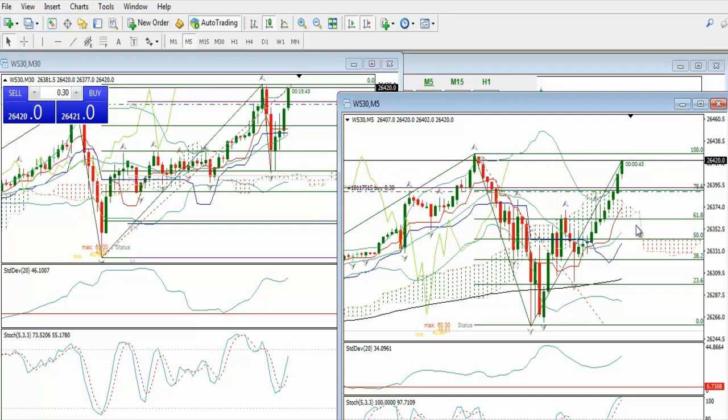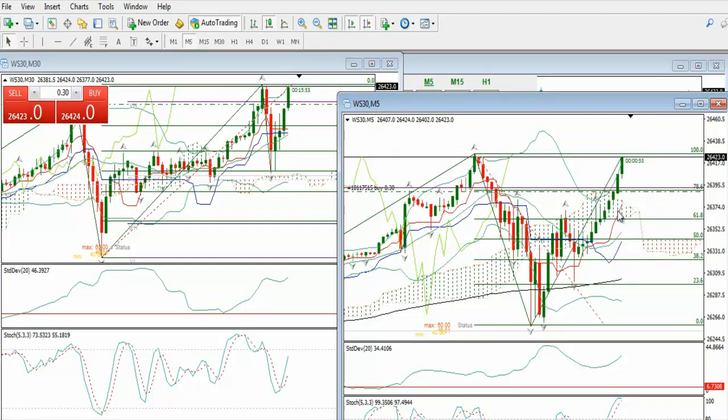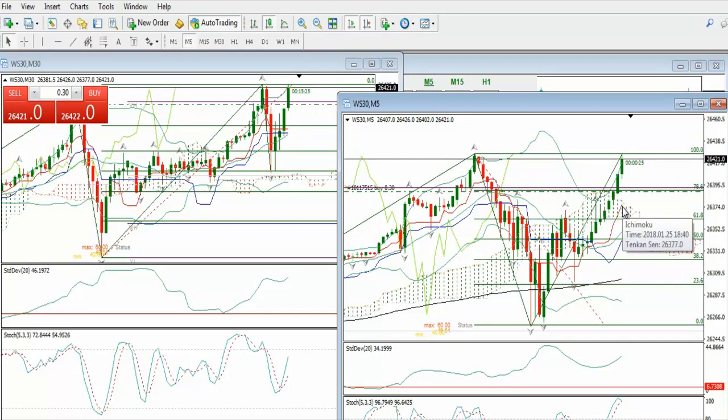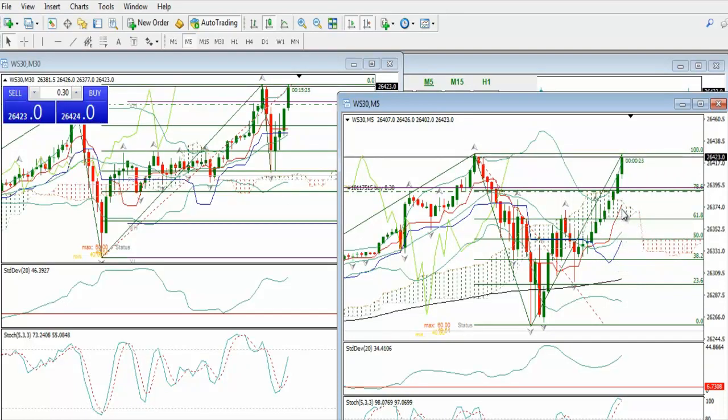The best thing for you here is to close your positions if the price goes below Tekkensen, but because I was late, if I had opened my position right here and if the Kumo cloud was below me, I would have waited for sure for my Tekkensen to be invaded.